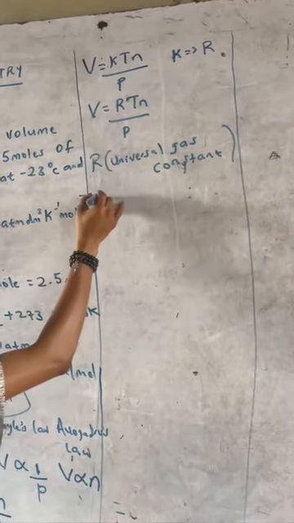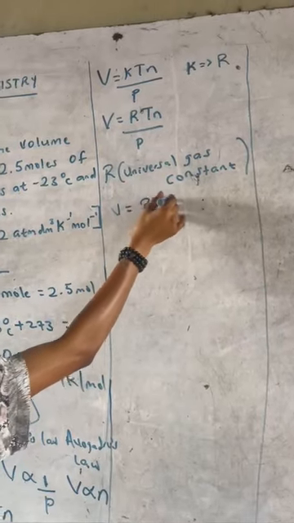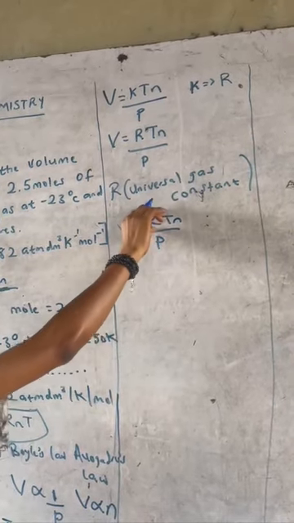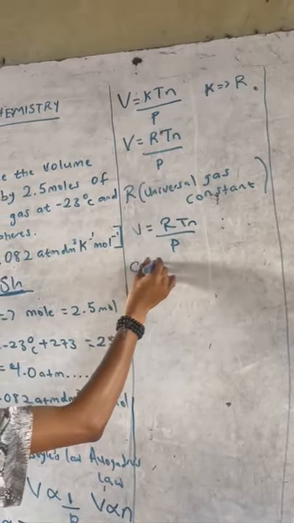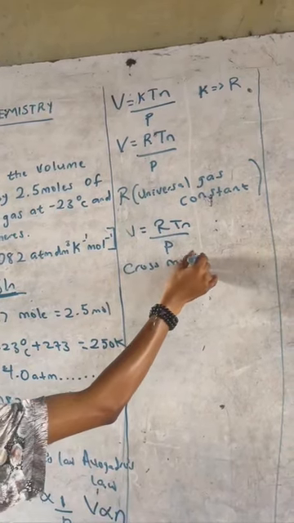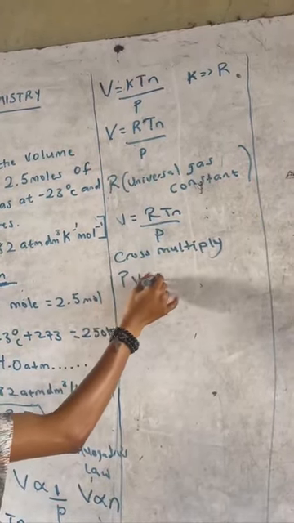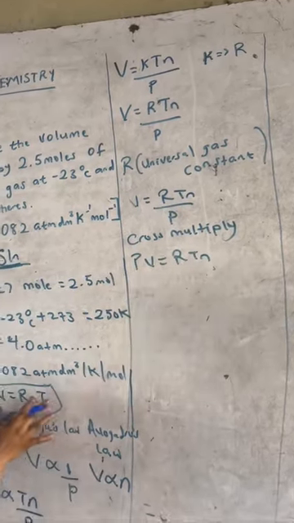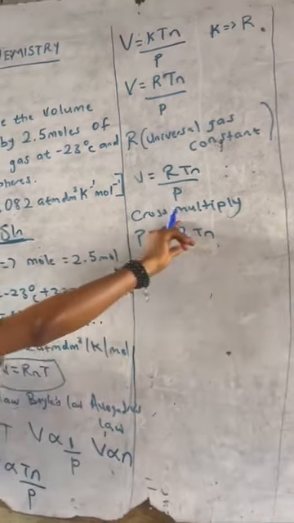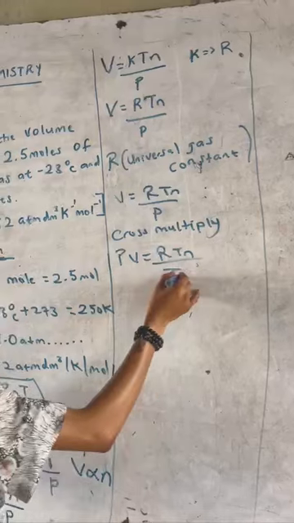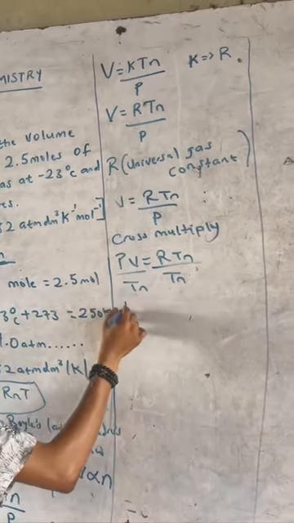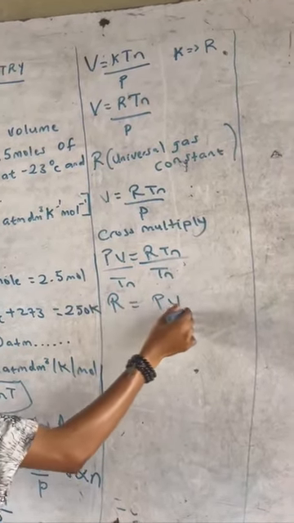From here we have V equals R T n over P. I want to make R the subject of the formula, so let's cross multiply. From here we have PV equals nRT, the formula that was here, but that's not what I'm going to. I want to derive this R out. Divide by T n. So R equals PV over T n.